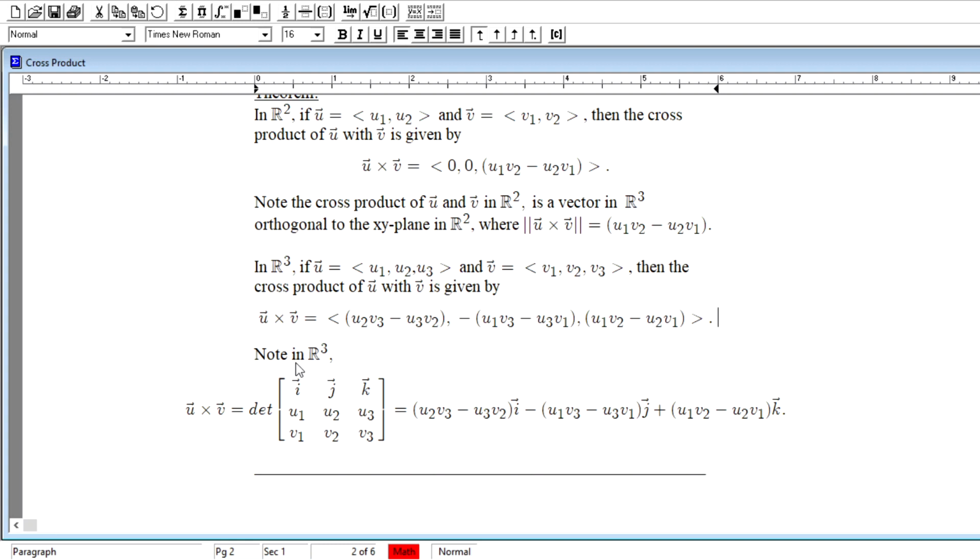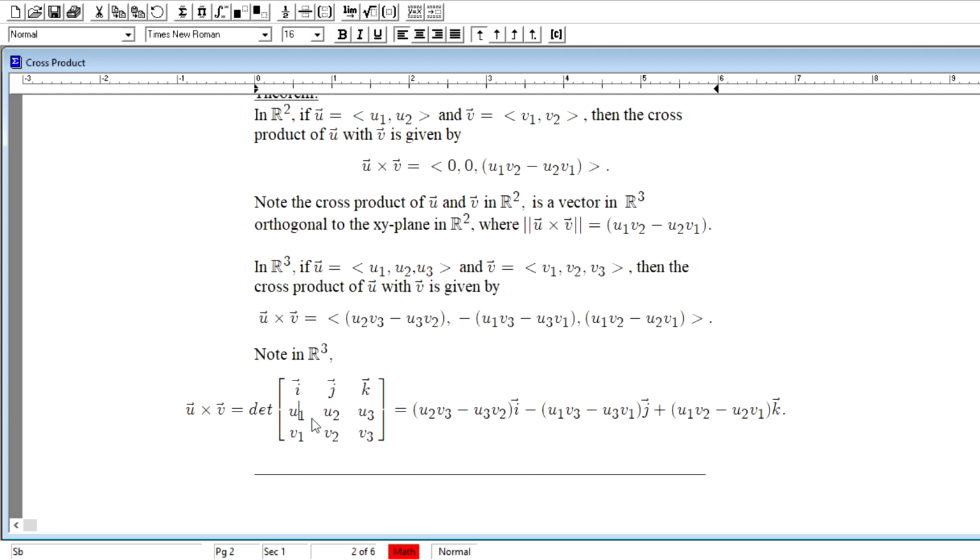If you go back and recall some of your college algebra, if you've had a linear algebra course, or you've studied a little bit of linear algebra, the cross product is what we call a determinant calculation of a 3x3 matrix seen here, where the first row of that matrix is just made up of your standard unit vectors i, j, and k, pointing off into the positive x, positive y, and positive z axis of three-dimensional space.